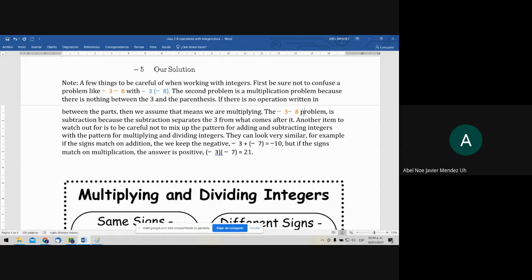For example, if the signs match on addition, we keep the negative.